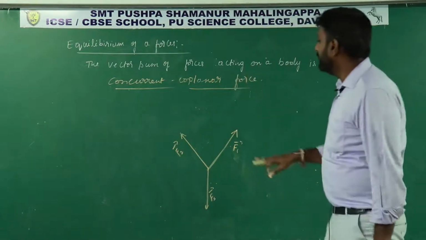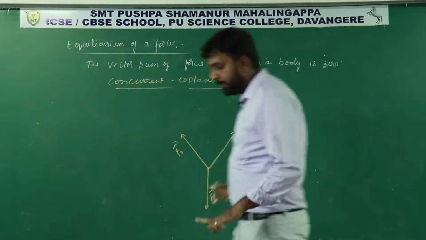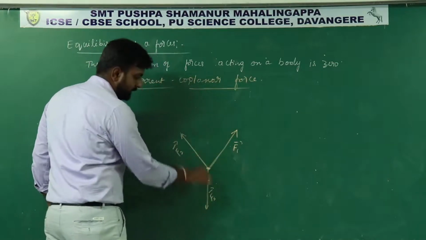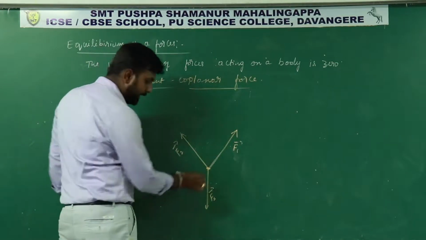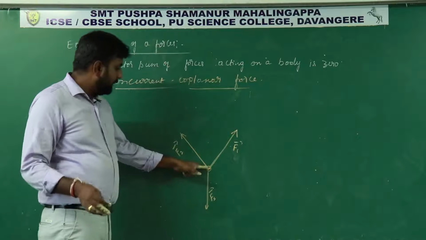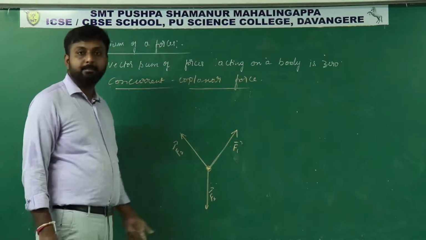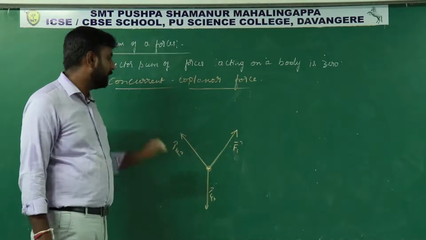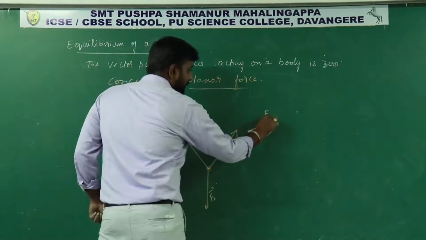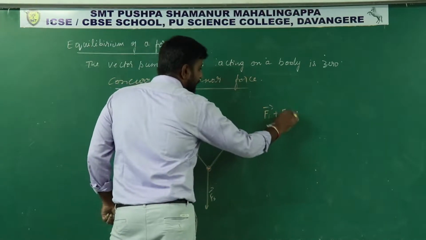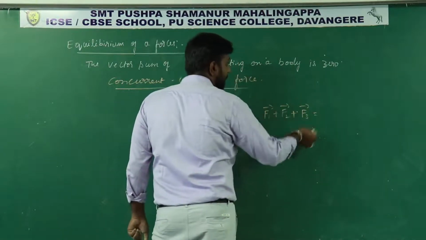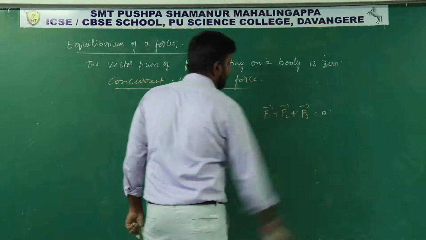So these are the concurrent coplanar forces, the lines of action of all the forces pass through this common point, or you can imagine a body here. If the body is under equilibrium, there is no acceleration in this body, which means the vector sum of forces, F1 plus F2 plus F3, acting on a body is 0.